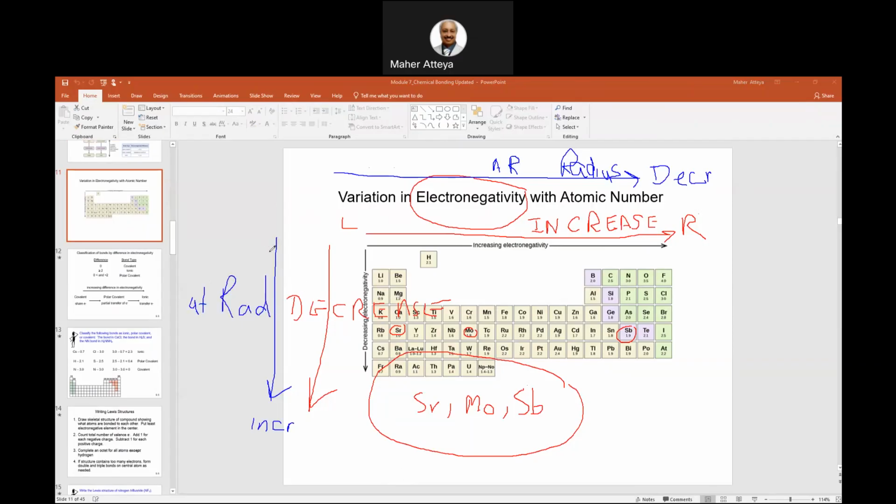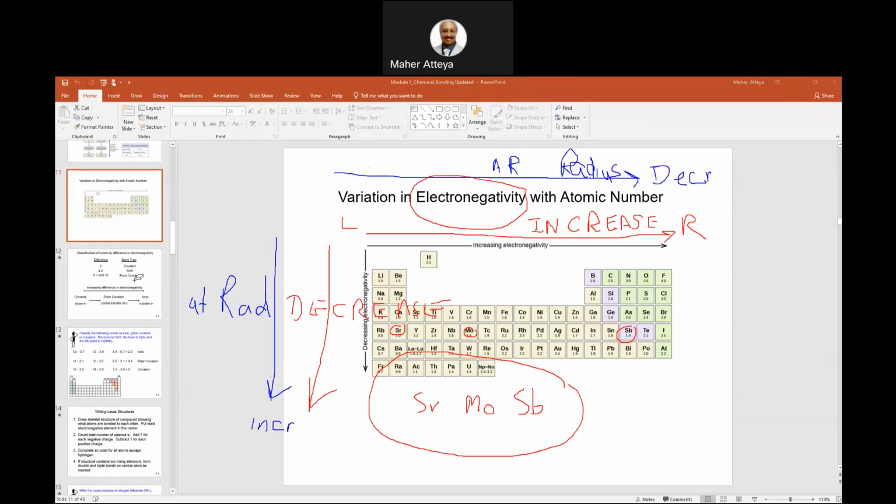So if I give you those three, increasing electronegativity will be what? Take another color, green. Strontium, because it goes this way, correct? That's an increase.